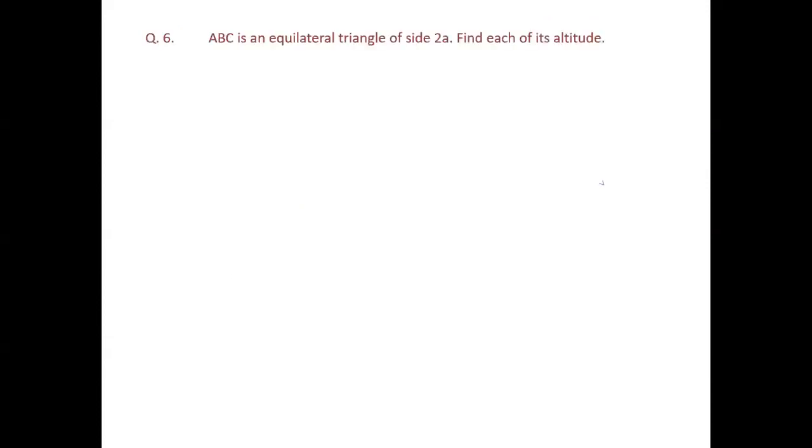Sixth question. ABC is an equilateral triangle of side 2A. Find each of its altitude. So, triangle ABC is equilateral. Let us draw it. This is an equilateral triangle. When you say equilateral triangle, all sides are equal.